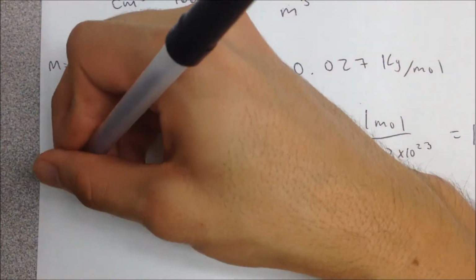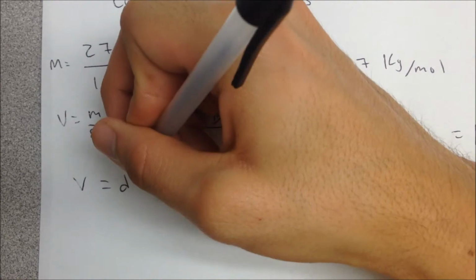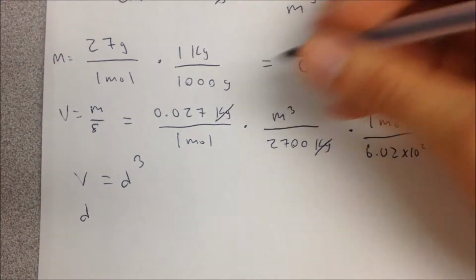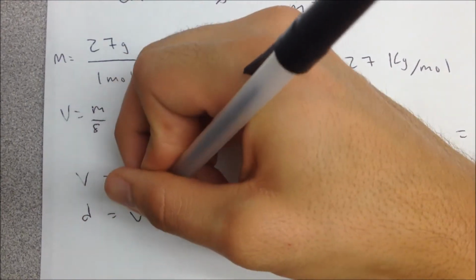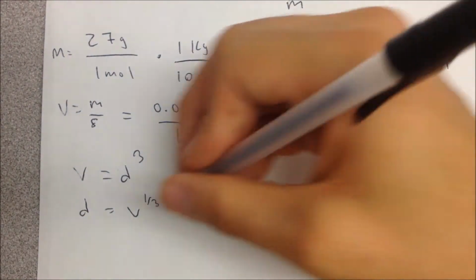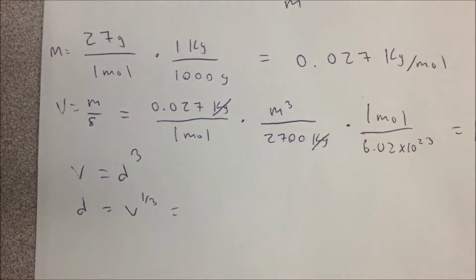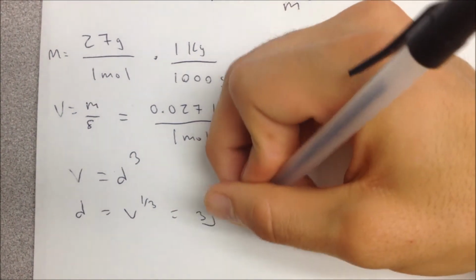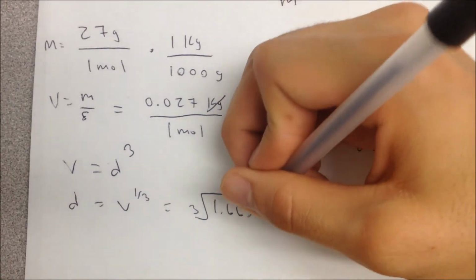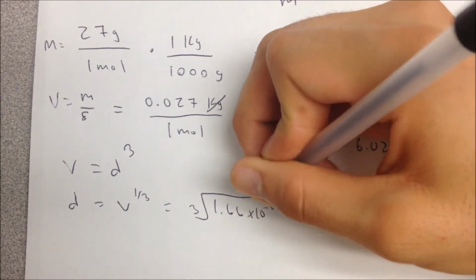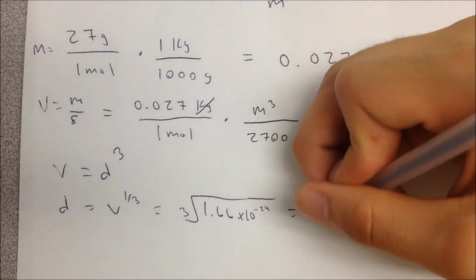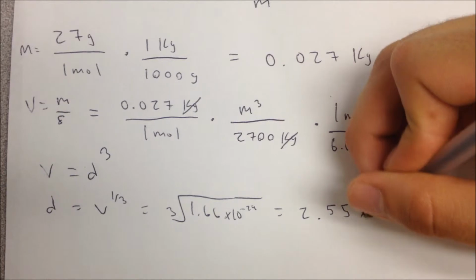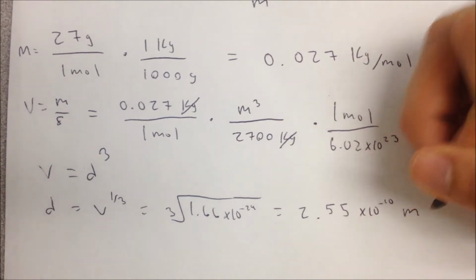So this volume also equals d to the third, which means that d equals V to the 1/3, which would be the cubic root of 1.66 times 10 to the negative 29, which gives us 2.55 times 10 to the negative 10 meters.